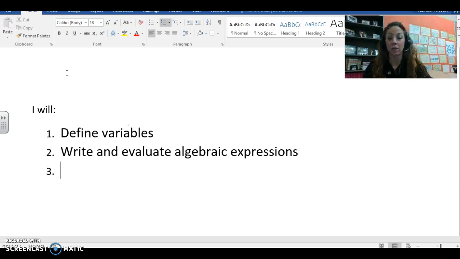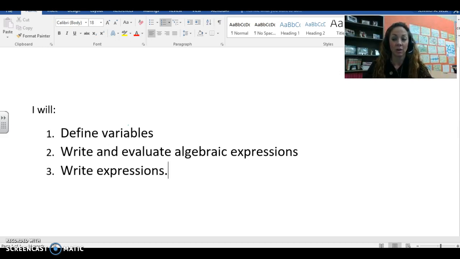And number 3, I will write expressions. So make sure you hit pause so that you can take a couple minutes to get all of that written in your notes. The 3 learning goals: I will define variables, I will write and evaluate algebraic expressions, and I will write expressions.